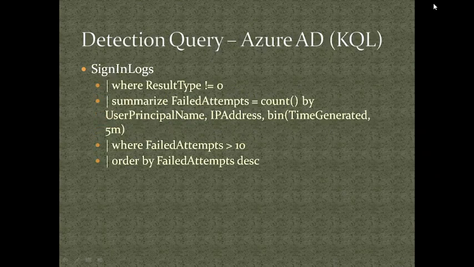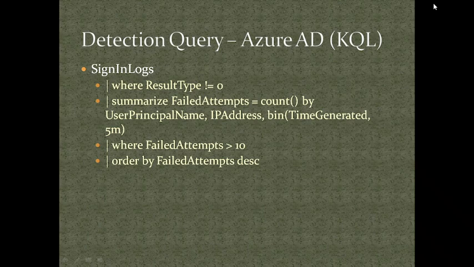When we talk about a query, we will use a KQL query, a custom query language. This is similar to SQL. However, here we will use commands which are different from SQL. Here we use the table; the table name we are using is sign-in logs because it's from Azure, and the condition will be where result type not equals to 0, which shows there is a failed login attempt.